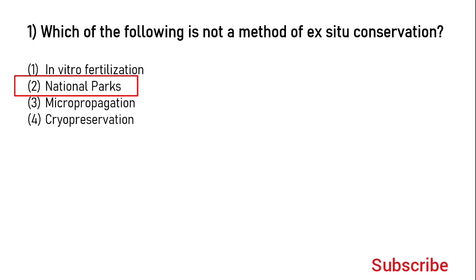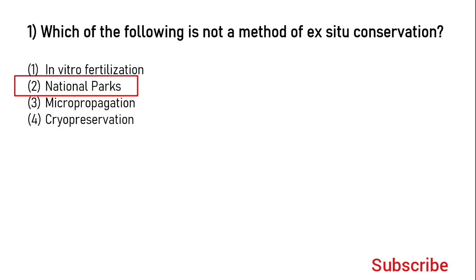See, what do we mean by in situ conservation? In situ conservation means on site conservation. That is when we conserve and protect the whole ecosystem. Its biodiversity at all levels is protected. For example, we can say national parks.